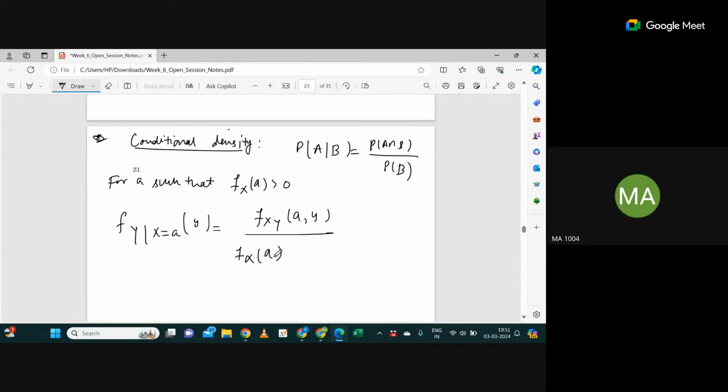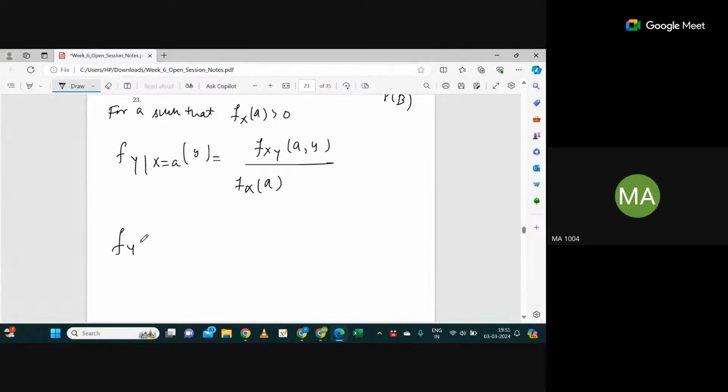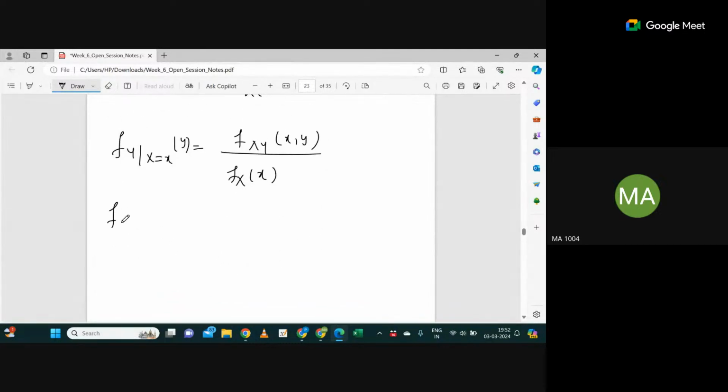Are you getting it? If not, we can simply define in general f of y given x equal to x, at y, as the joint density f_XY(x, y) divided by f_X(x). We can do it in reverse order also: f of x given y equal to y, for a value x, is the joint density of x comma y divided by f_Y(y).